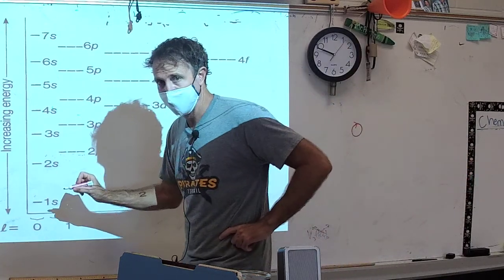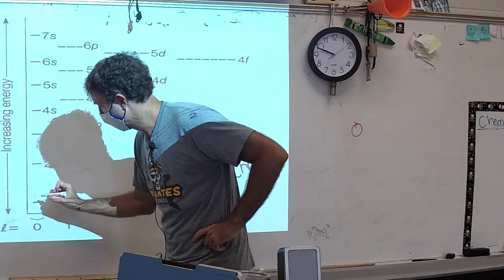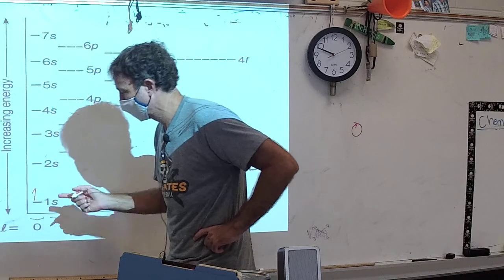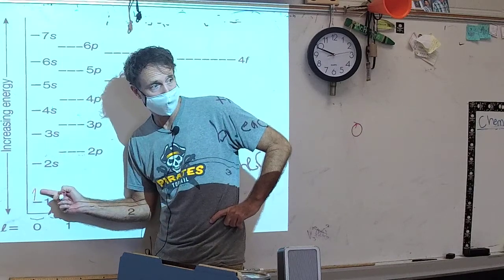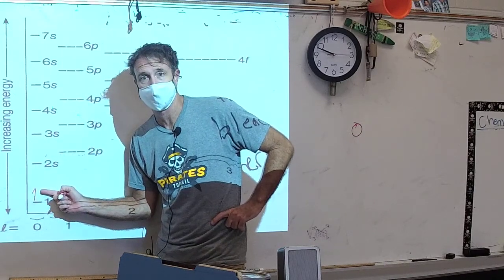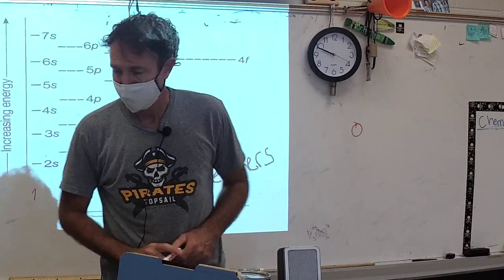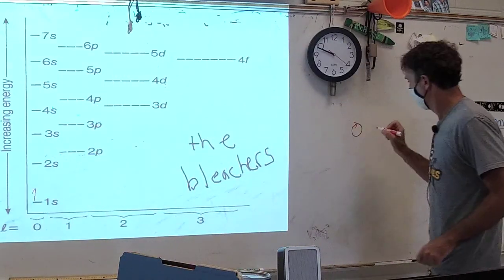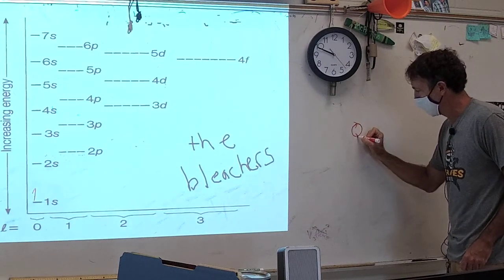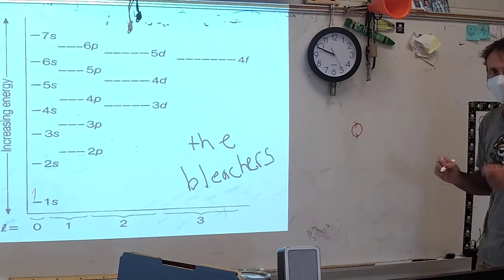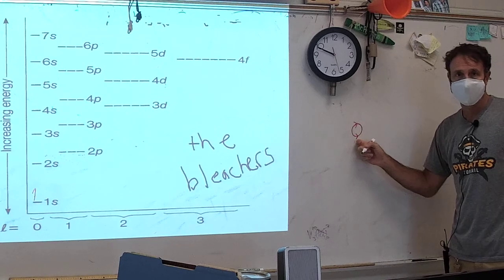We indicate that right here as an arrow up. Notice I'm drawing half of the arrow just to make it easier. Now, this would be hydrogen. Then going in the opposite direction on that s, now we got helium, right?